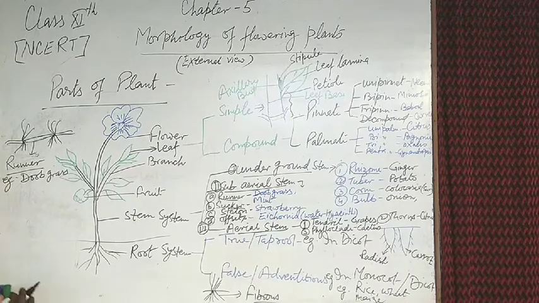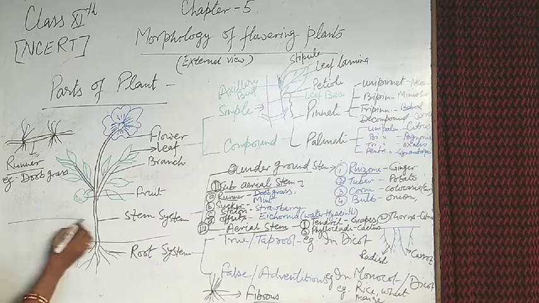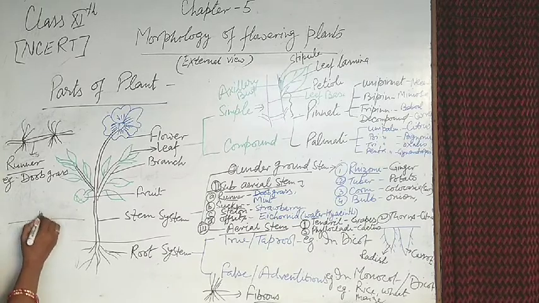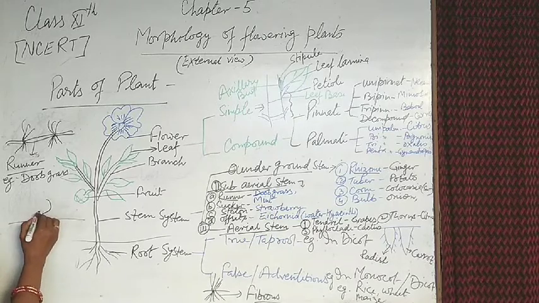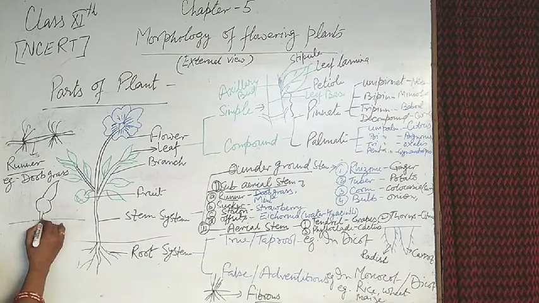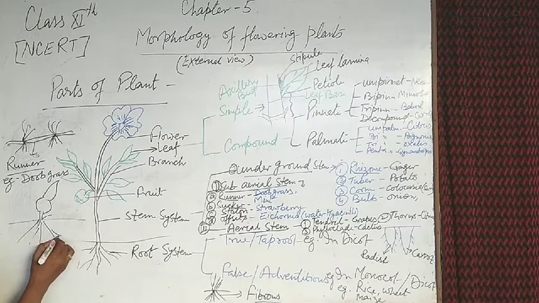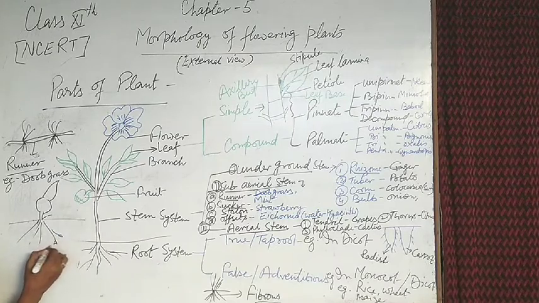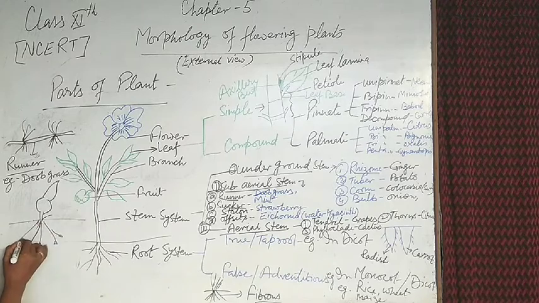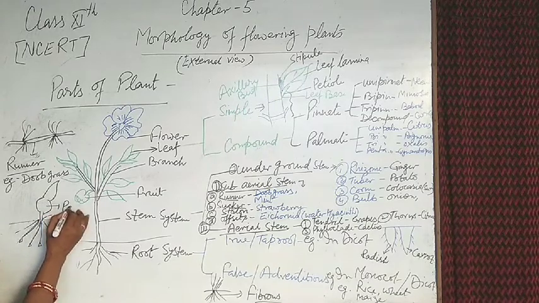Eichhornia. The common name of Eichhornia is water hyacinth, an aquatic plant. The lower part is swollen, then leafy structure, and the inner part is a pouch-like structure. This swollen part is known as petiole.